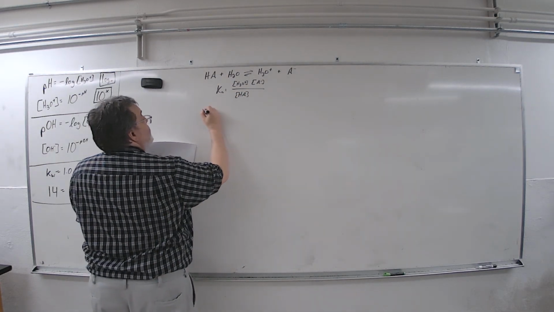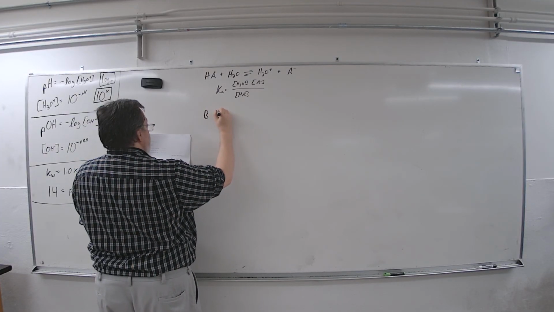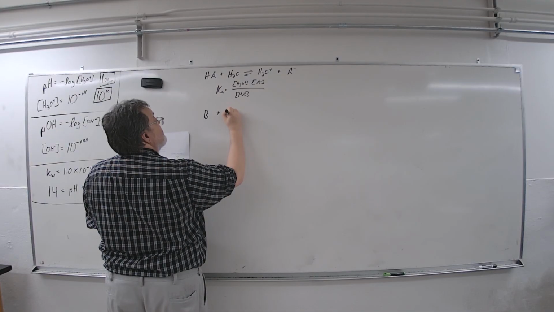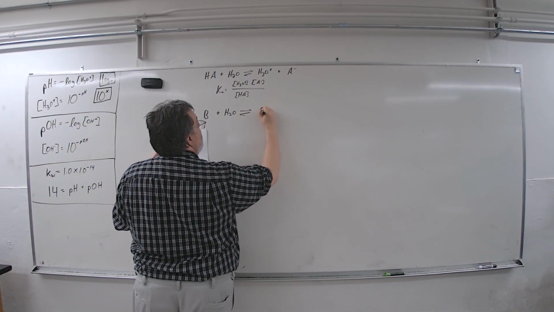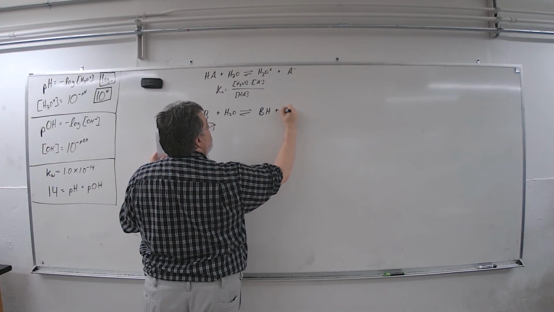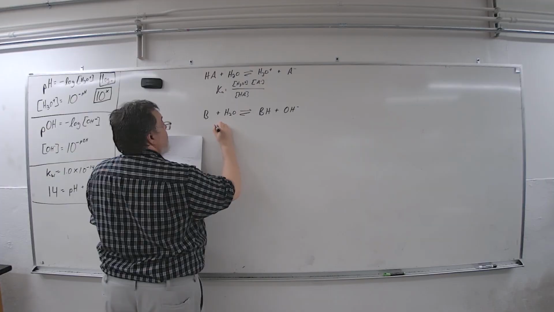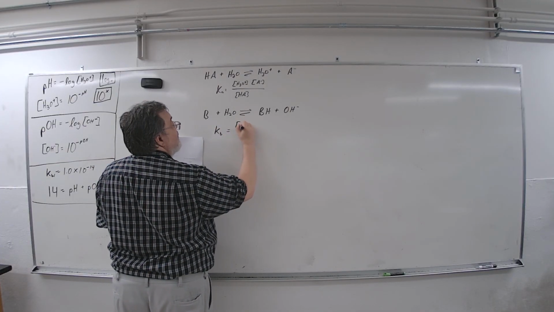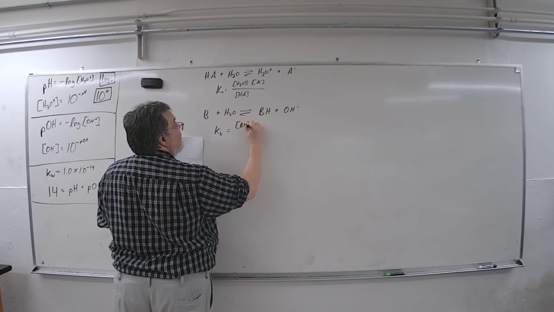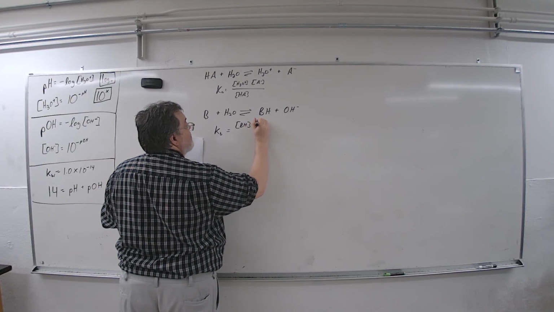And then base, when we do this as a base, we go base plus H2O for Bronsted-Lowry. And then we go Kb, the base ionization constant.